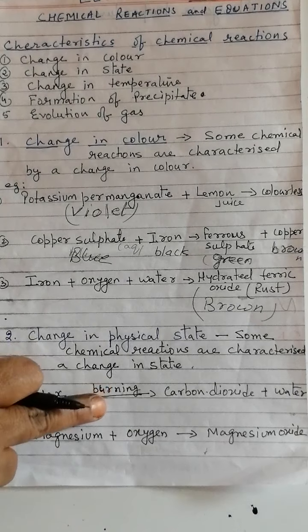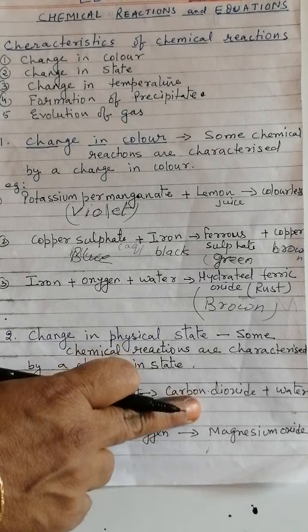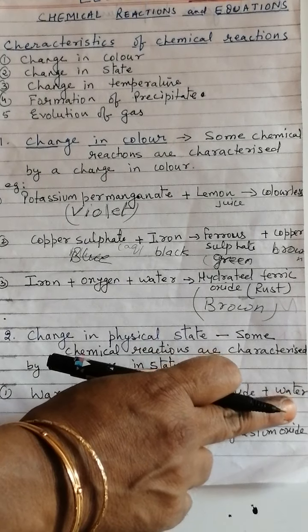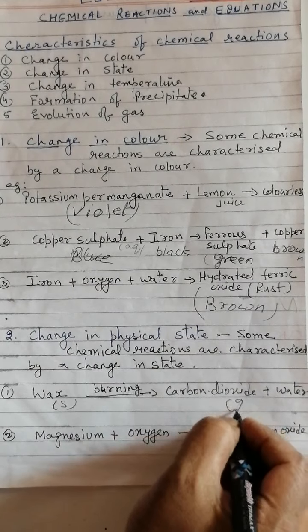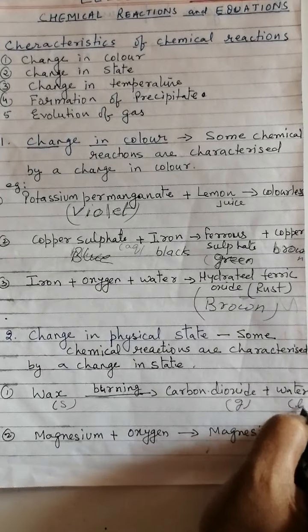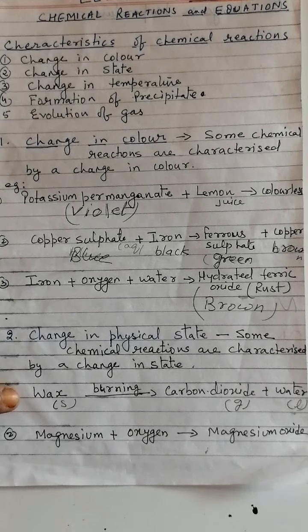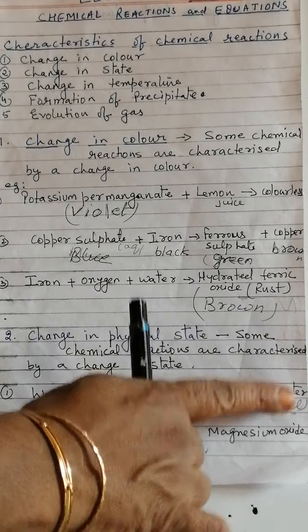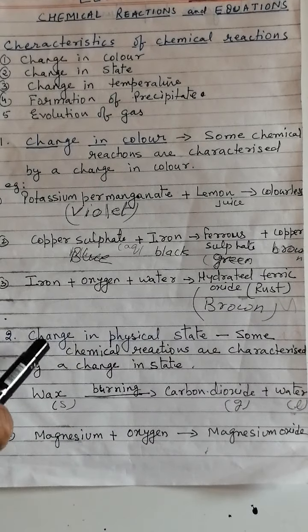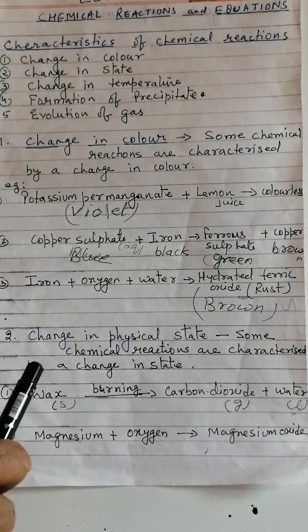When we burn the wax, on burning, it turns to carbon dioxide and water. Carbon dioxide is in gaseous form, water is in liquid state. So you can see the change in physical state from solid wax to gaseous carbon dioxide and water. So we can say very well some chemical reactions are characterized by a change in state.